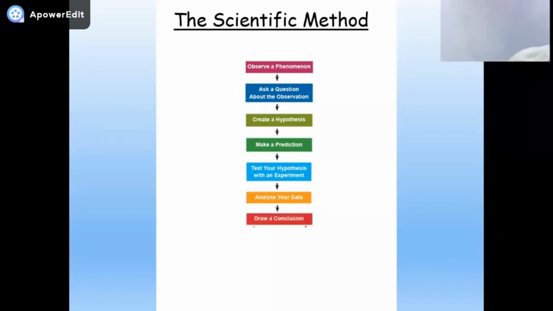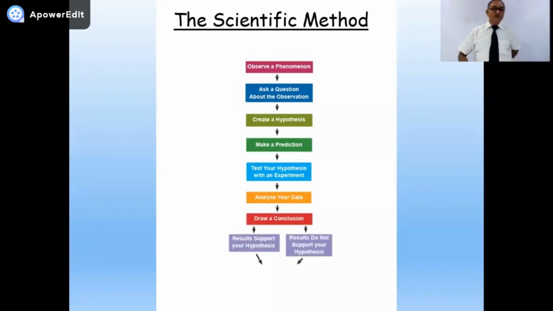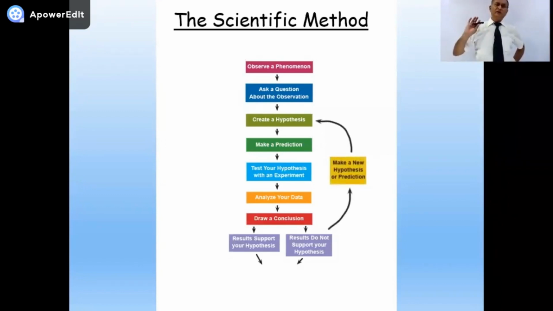So after analyzing, you draw a conclusion. Your conclusion could be correct, or your conclusion could be wrong. If your conclusion is correct, suppose the mobile has started charging, it's correct. You say, okay, after all this process, the result is perfect. So similarly, in the field of science, they observe a problem, questions are there, they hypothesize, then they predict, then they test.